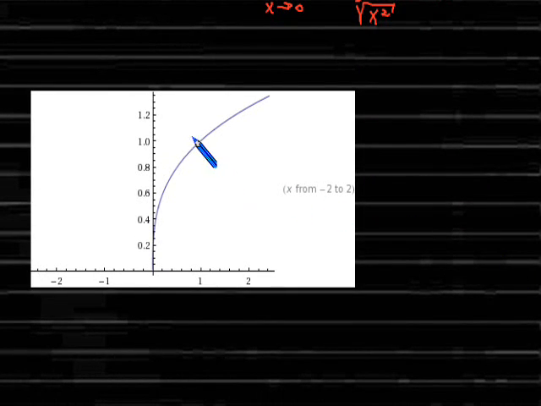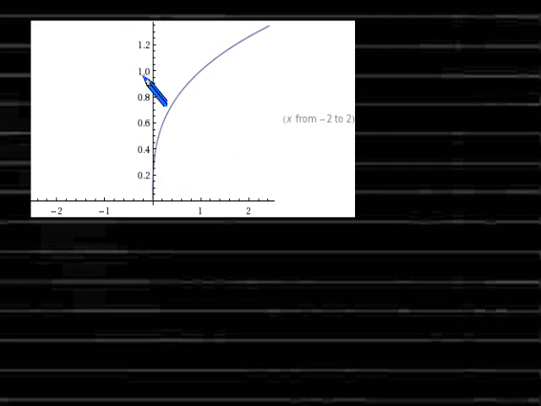So all I have to do is just rotate this graph by 180 degrees, and I get the actual graph over here, which should look basically like this.